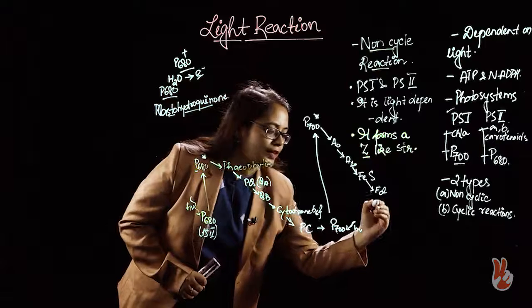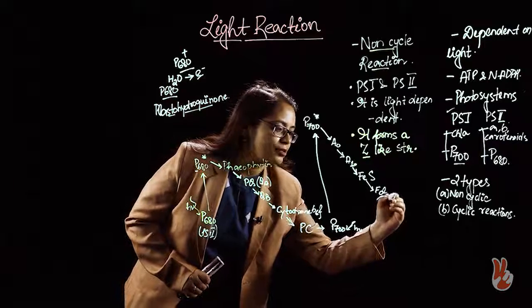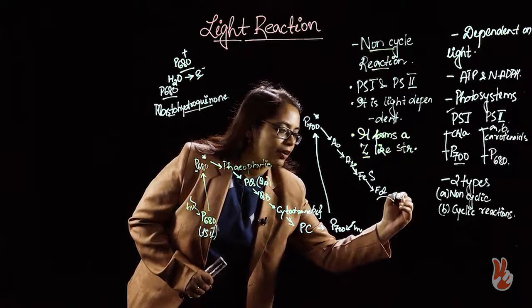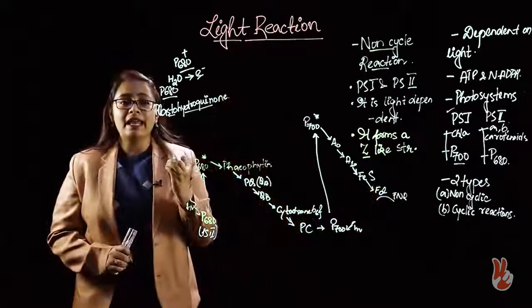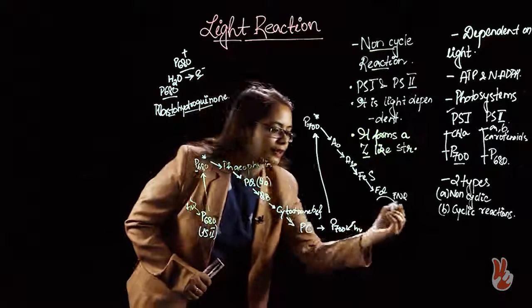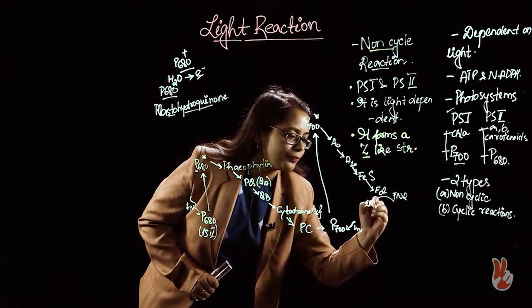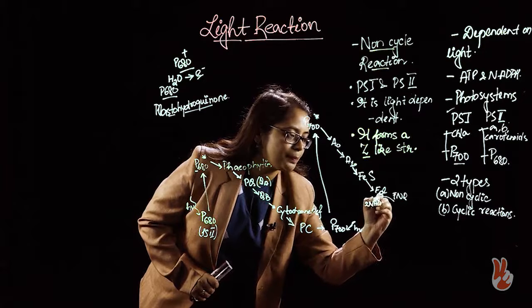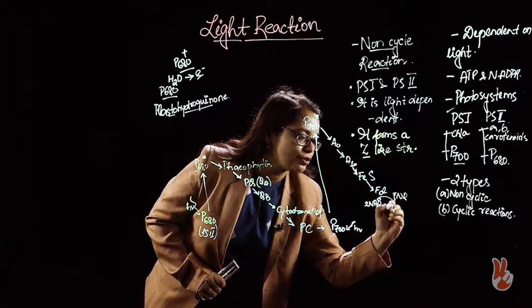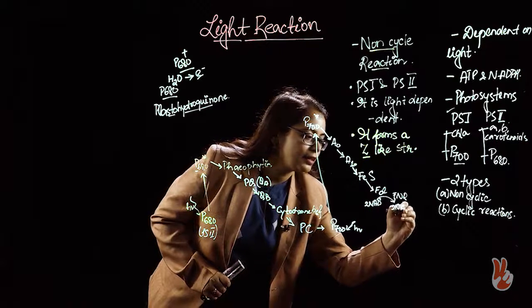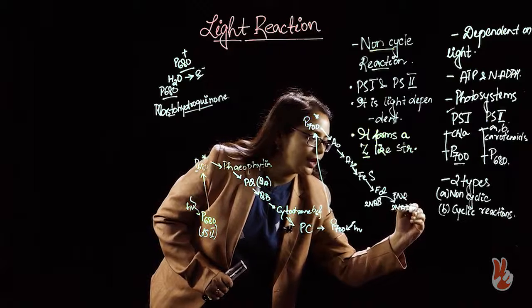Here we have an enzyme that is known as FNR, or ferredoxin NADP reductase. What it will do is reduce NADP plus and convert it to NADPH.